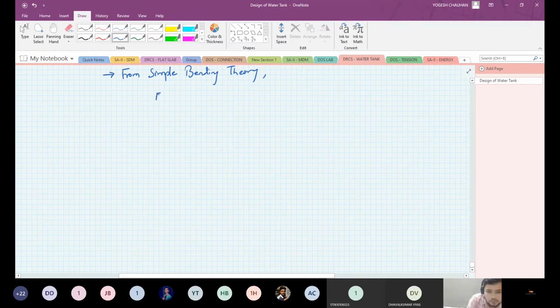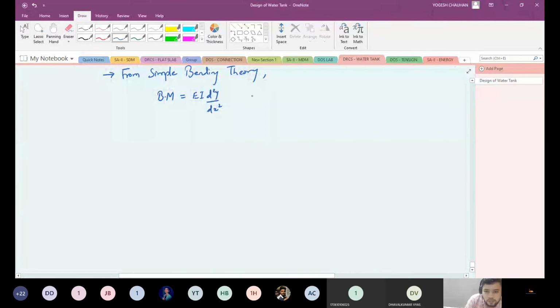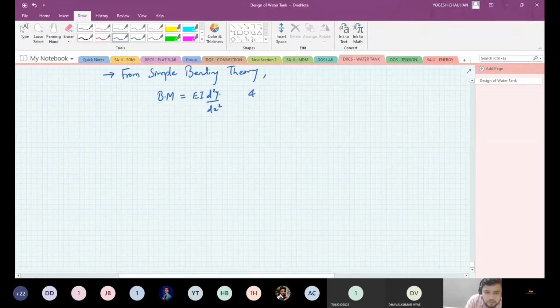We know that the bending moment is equal to EI d square y by dx square, and the further derivative of this will give you the shear force.